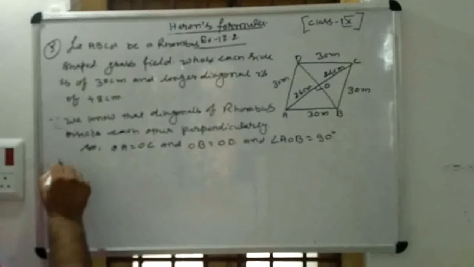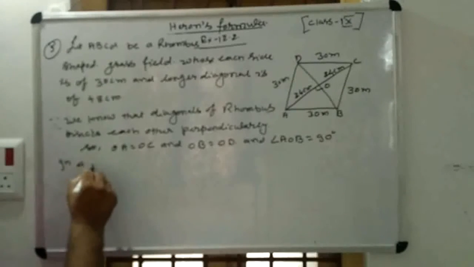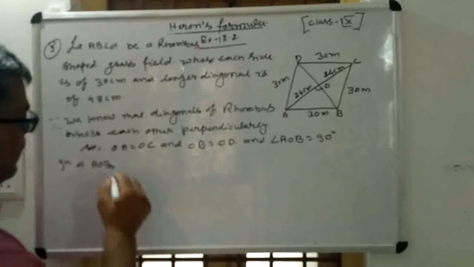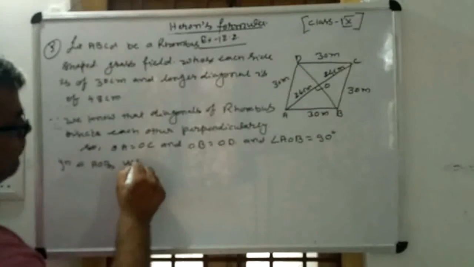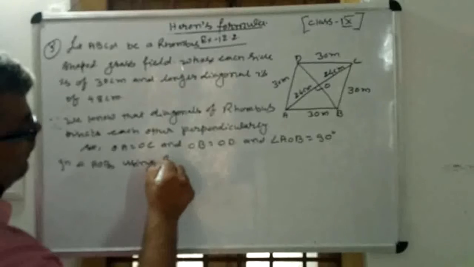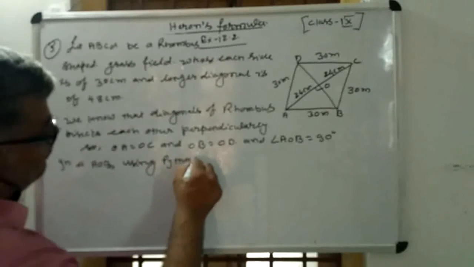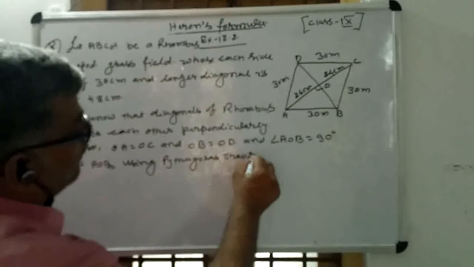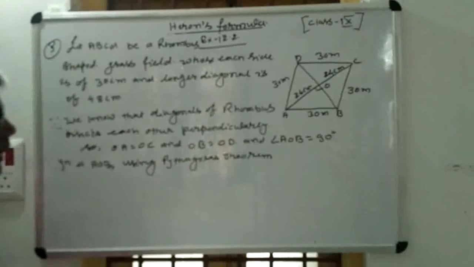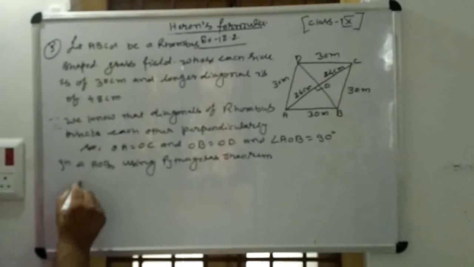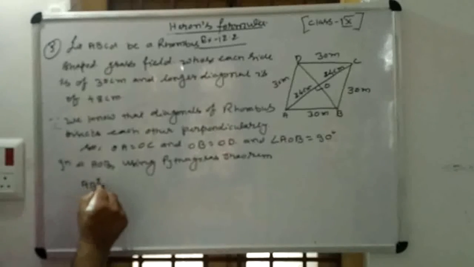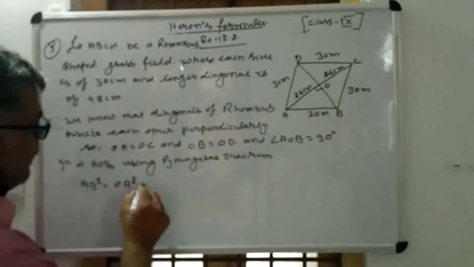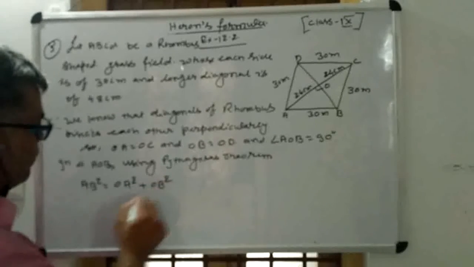So now in triangle AOB, using the Pythagoras theorem, we have AB square equals OA square plus OB square.